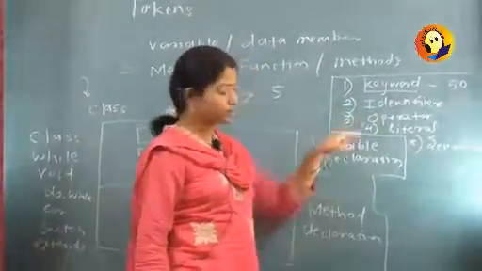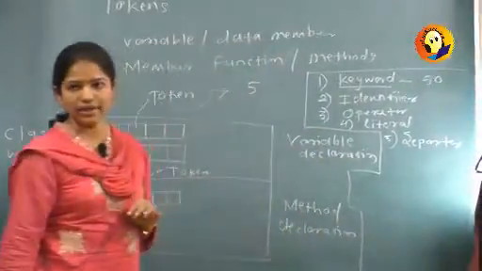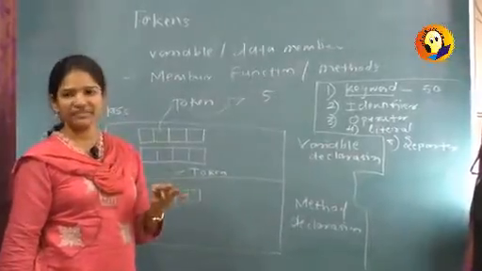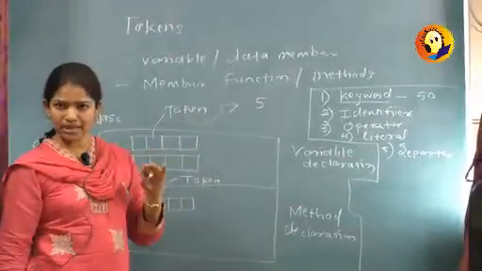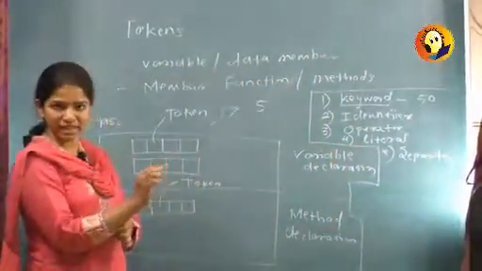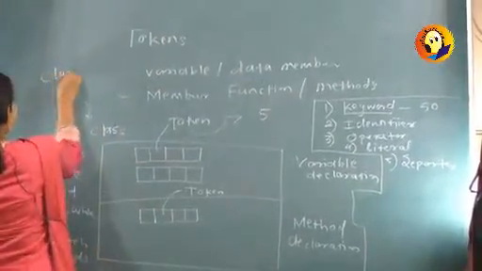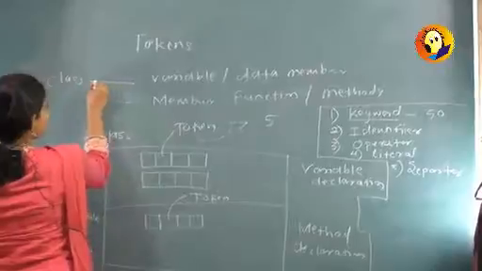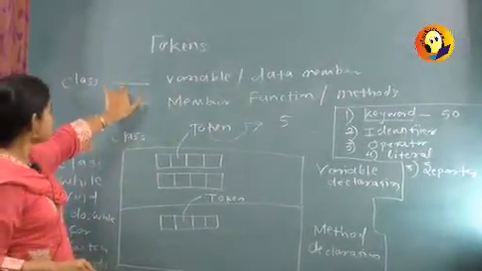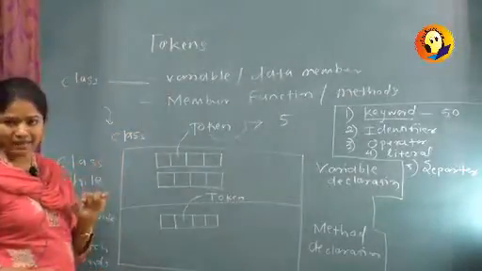The second token is identifier. Identifiers are words that are programmer defined. These are not predefined. You can define your own words in Java programming. For example, if you want to declare a class, the word written after the class keyword is called an identifier, because this word is chosen by the programmer.